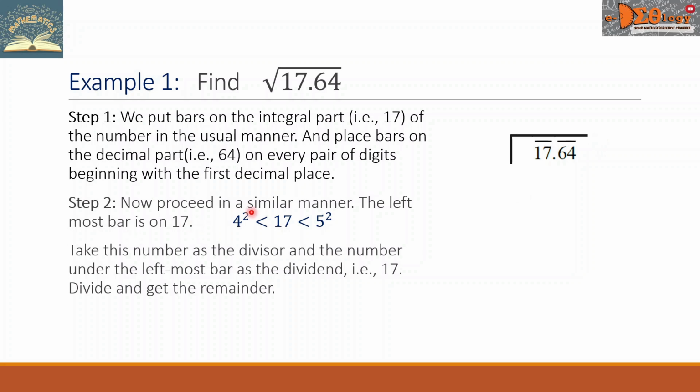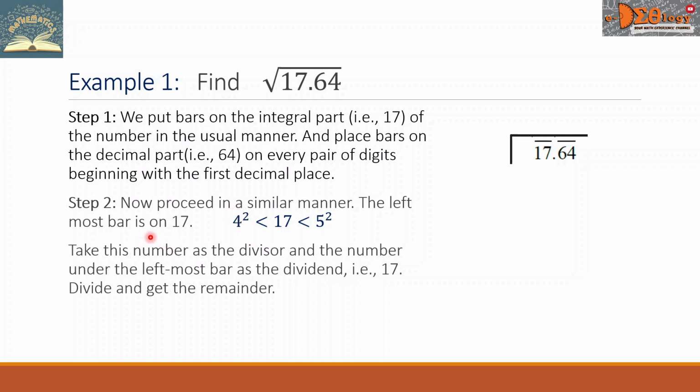Step 2, we now proceed in a similar manner. The leftmost bar is on the number 17. Then we take the square root of 17. Notice that the number 17 is between 4 square and 5 square. So we will use the smaller value.